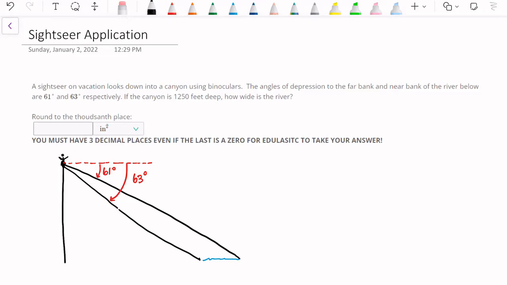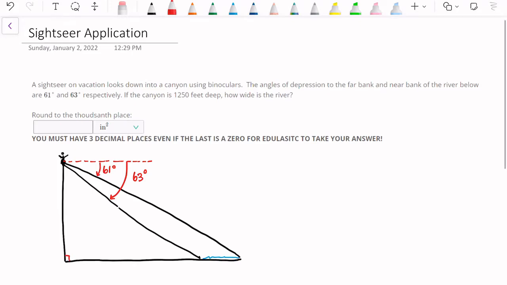We can also draw these in at the bottom of our picture here on the ground. So I have my 63 degrees will be this alternate interior. And again, here's my horizontal. Here's the 63-degree line, so that meets up down here for that 63.